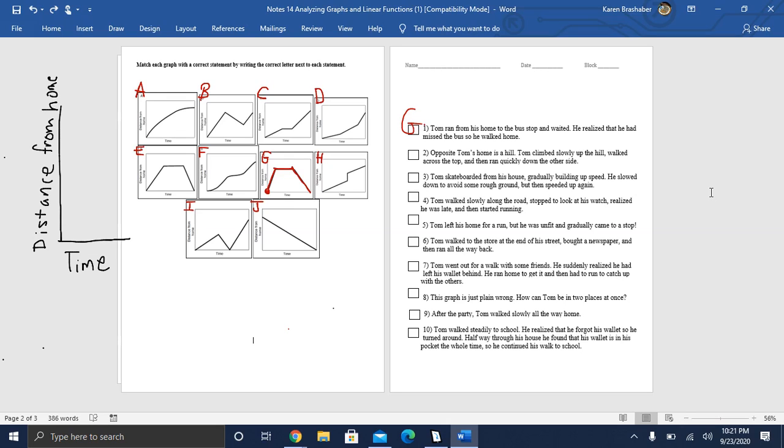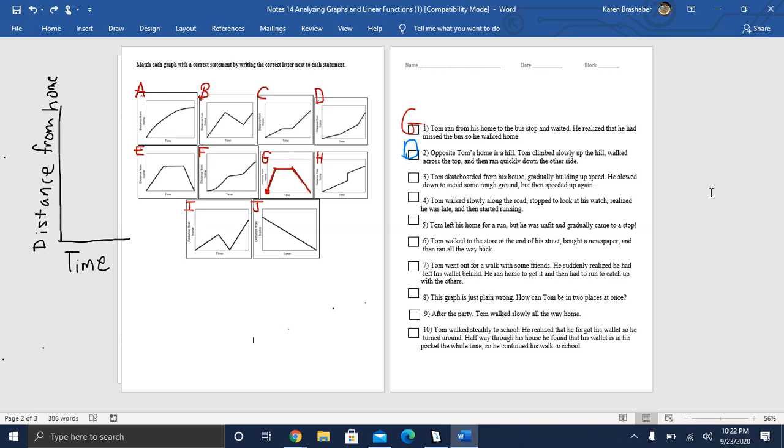You might anticipate that that one looked like graph G, but actually this is graph D. So again, you have to get used to the fact that you're looking at that distance from home. Opposite Tom's home is a hill. Tom slowly climbed up the hill and walked across the top and then ran quickly down the other side.